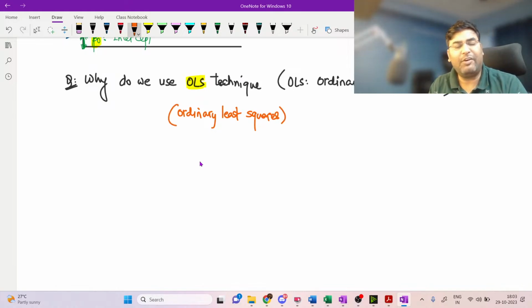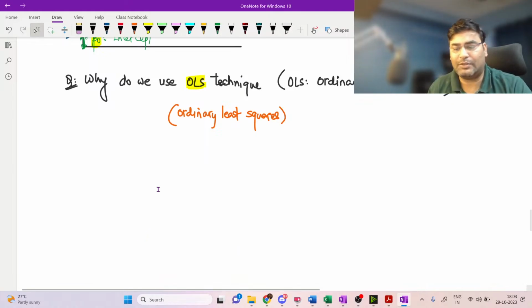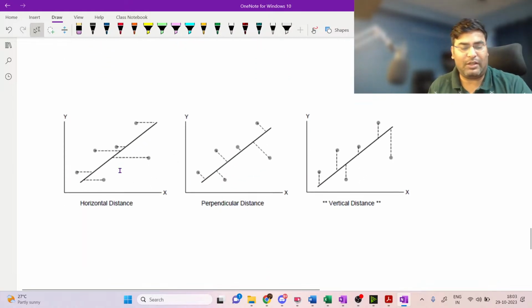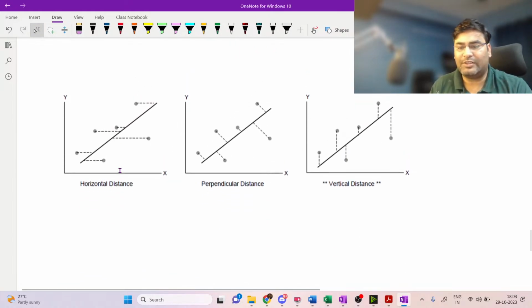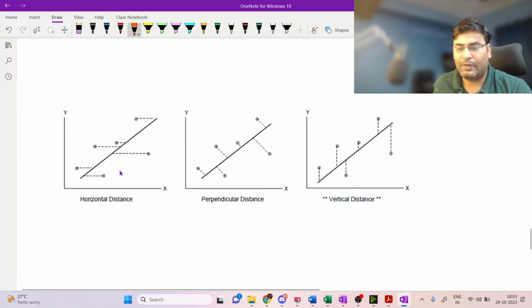Before we get into the OLS technique, my approach would be to give you the other possible options on the table, and then tell you what are the challenges that we would have faced if we had gone with those options. So you can see on the screen that there is a linear regression line, and then you have these data points, the gray dots.